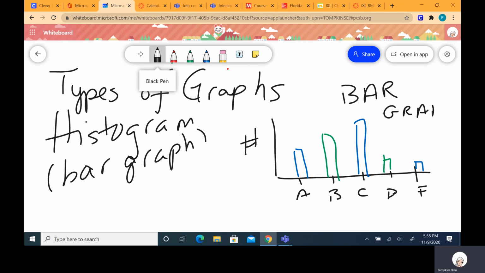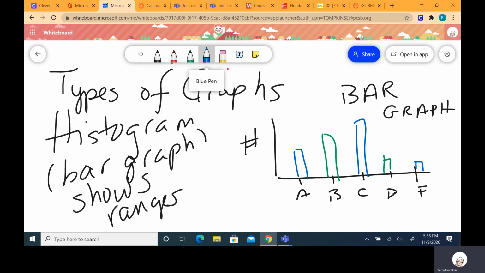Now I'm going to take this bar graph and turn it into a histogram so you can understand what would make a difference. Right? A histogram shows ranges. So with this example of grades, instead of saying A, I would have 90 through 100.